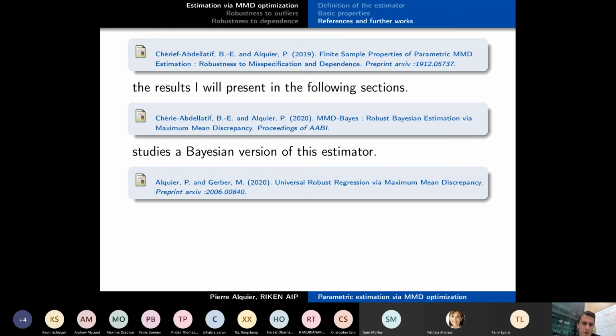For example, in regression, usually you only specify the distribution of y given x, but you don't specify the distribution of x. So defining an MMD estimator for regression, without wanting to specify any distribution for x, required more work and is a bit more technical.